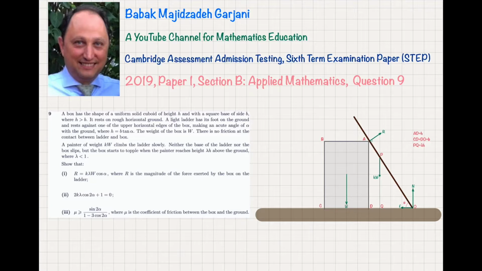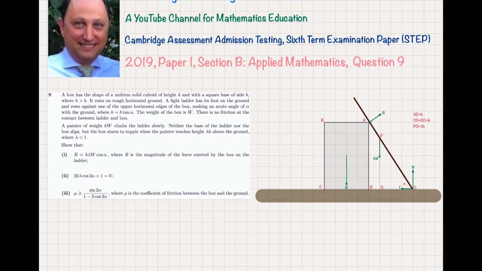Why is that the case? Let me explain it here. If you consider this right angle triangle OAD, and concentrate on the tangent of alpha, it is equal to the opposite side, which is AD, divided by the adjacent side, which is DO.